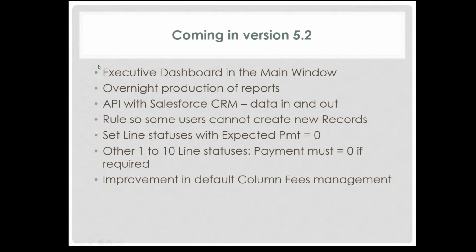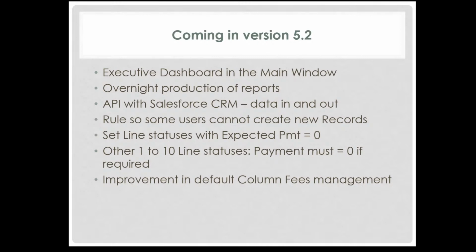For security, you'll be able to set line statuses with expected payment of 0 so that your outstanding is always perfectly calculated based on your special line statuses. I think you understand if you're using this. For the other 1 to 10 line statuses, you'll be able to say that the payment must be 0 if you need this.